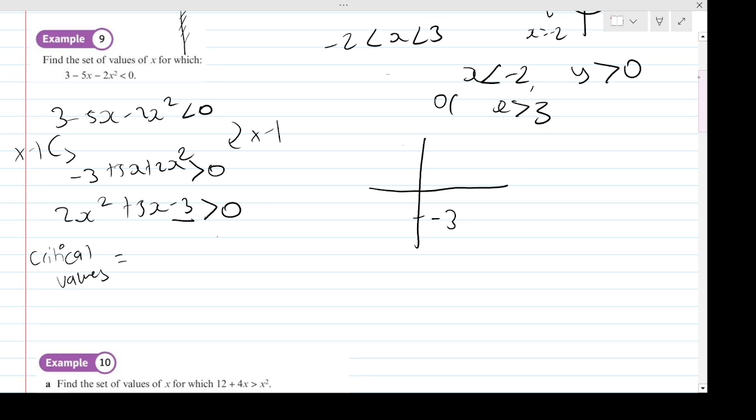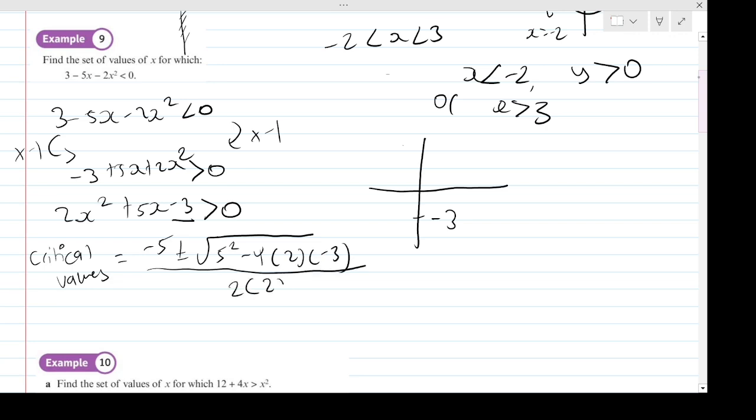So it's exactly the same way. The critical values are going to be equal to, well, we can use the quadratic formula, so minus b, which is -5, plus or minus the root of b squared, which would be 5 squared, minus 4 lots of 2 lots of -3, all over 2 lots of a, so 2 lots of 2.